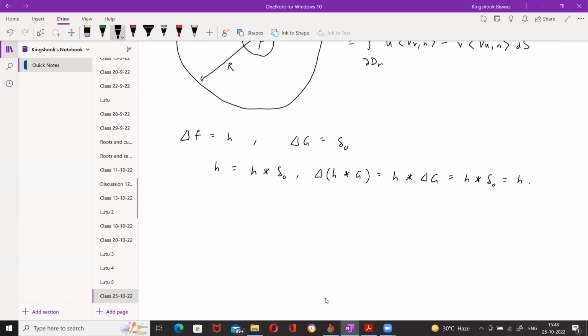So if I define a function of two variables, g of (p, q) is g sub p of q, where g sub p is the harmonic function with a pole at p, the Green's function. So Laplacian g_p is minus delta_p.